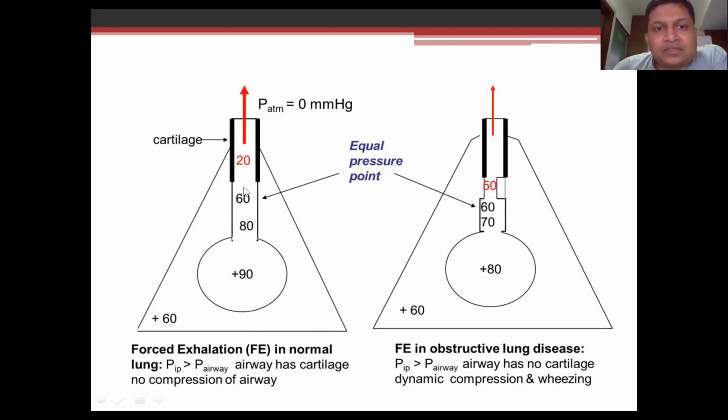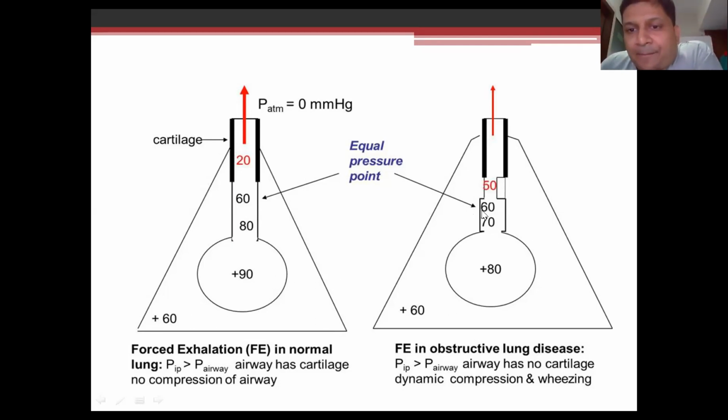There comes one point where, because of the forced expiration, the pressure inside your lung is positive. Imagine this equal pressure point comes into this part of the lung, like in a diseased person, such as in emphysema or in case of bronchospasm, where the point comes into the compressible part of the airway.